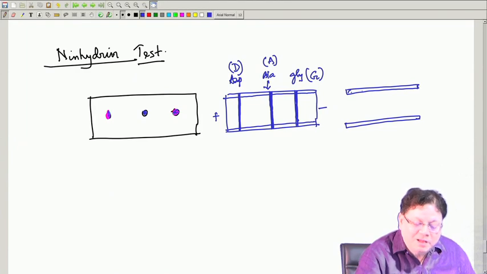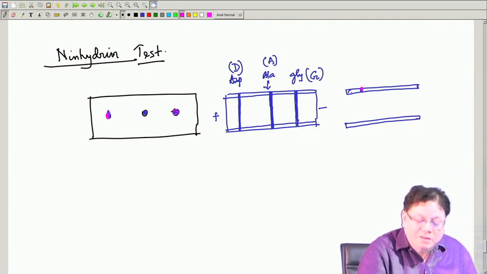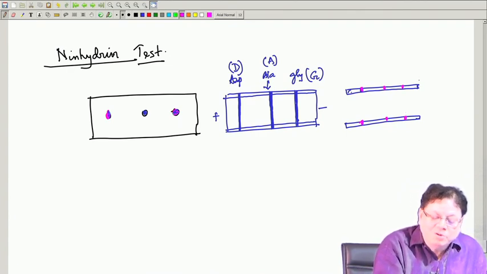So, what I will see? I will see a band here, I will see a band here, I will see a band here, and the same thing I will see here, there and there. Now, you put those things back to where you have taken them from.